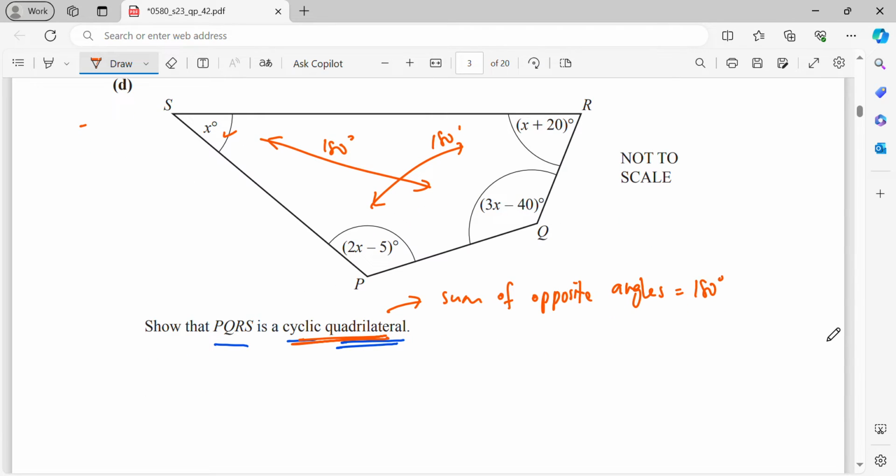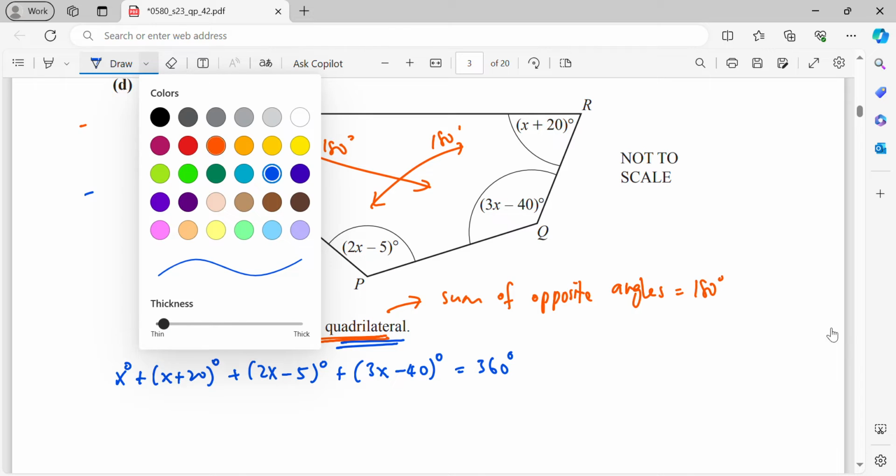Okay, so from here I know that this is a quadrilateral, which means the total of the angles is 360 degrees. So I just add up all the angles. Basically I can cancel all the degree signs.